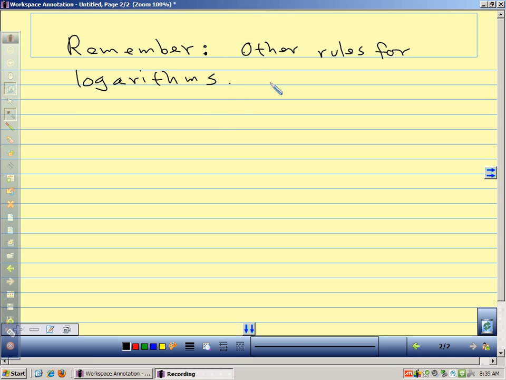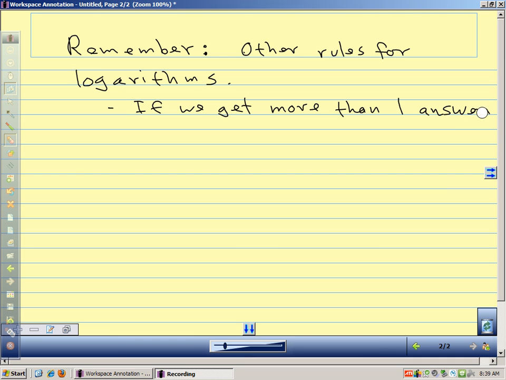The second thing, which is important in certain kinds of problems: if we get more than one answer, for instance if we have to factor something and end up with two answers, we have to check our solutions to make sure they work.